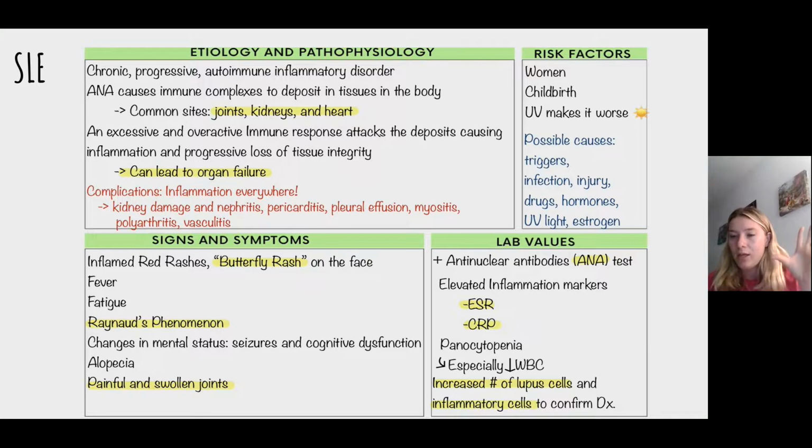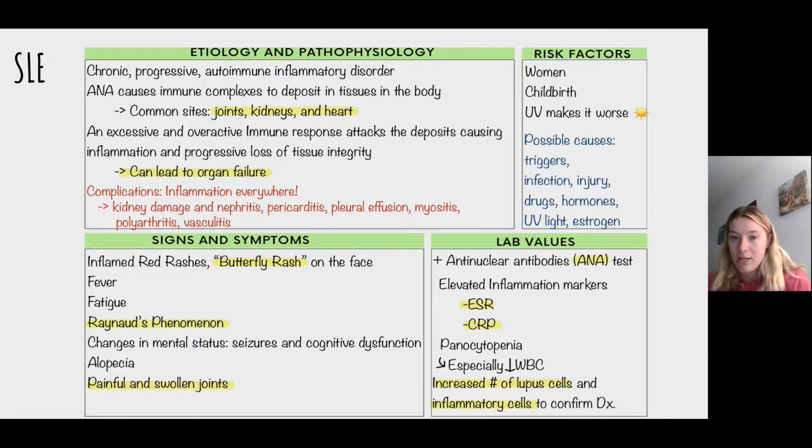And I included what causes our exacerbations, because we know this is an autoimmune disorder. Possible triggers are infection, injury, drugs, hormones, UV light, estrogen. I'd highlight UV radiation; sunlight makes this disease a lot worse for these patients.